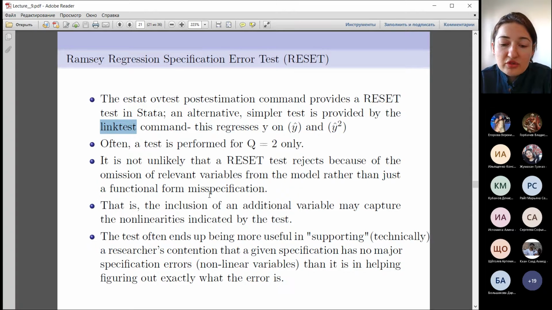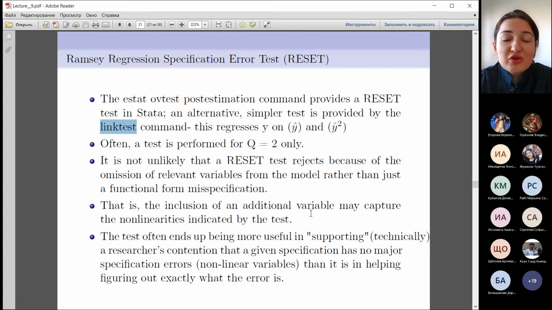And I want to warn you, please don't make a common mistake. Common mistake, I mean, for students. Some students, for example in reports, run this test and write the conclusion that there is no omitted variable bias problem and there is no endogeneity problem after this test.